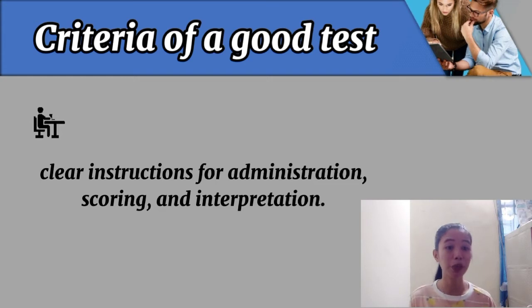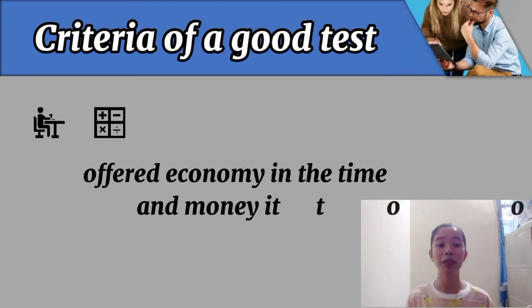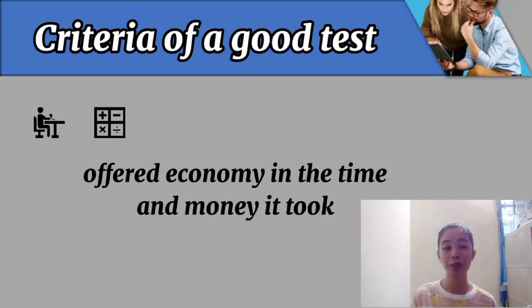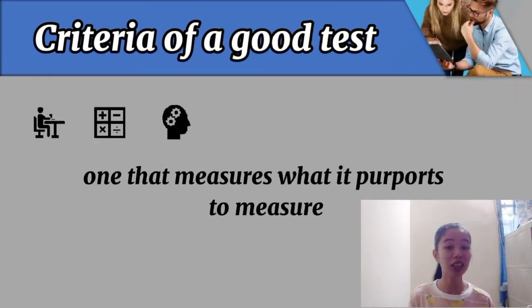So it is really important that the test manual contains full instructions from the test administration itself up to the scoring and interpretation. Second, a test offers economy in the time and money it takes to administer, score, and interpret it. And lastly, a good test would seem to be one that measures what it purports to measure.